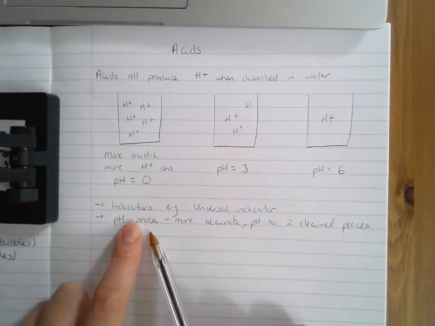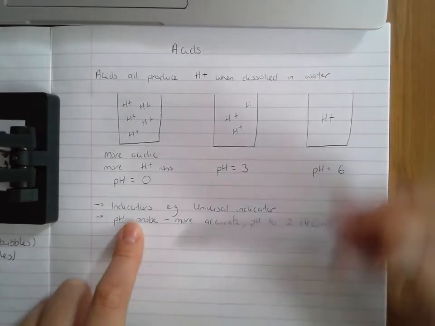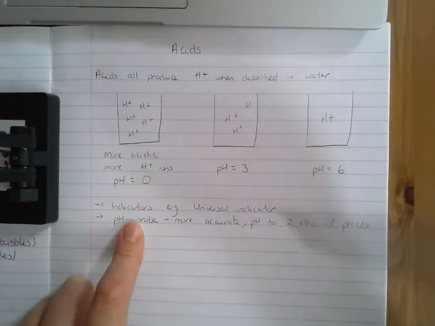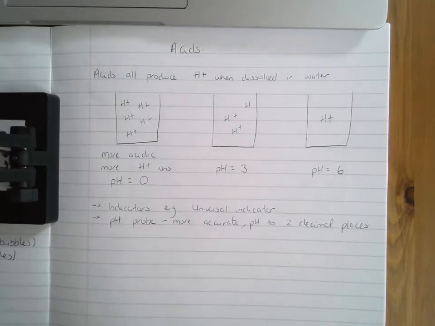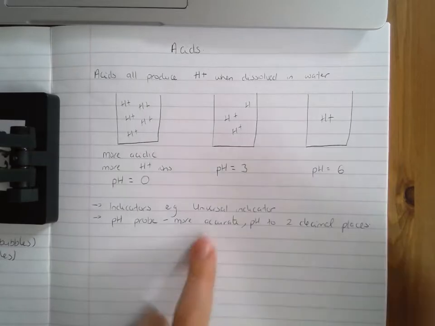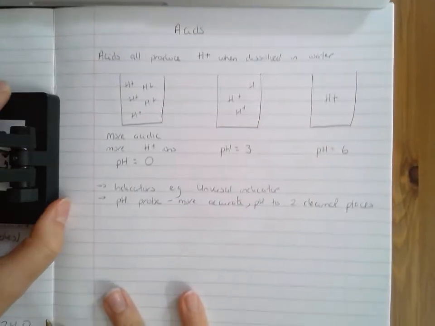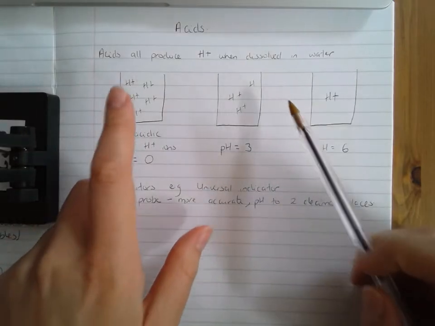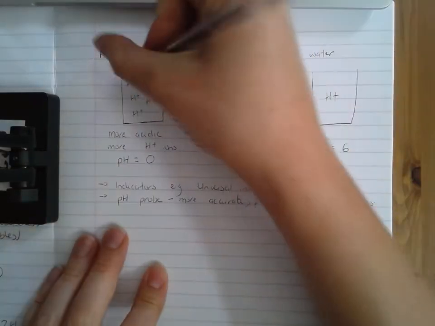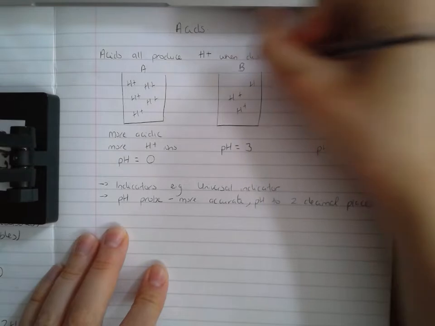On the other hand, the pH probe, a little electronic device, is slotted into your beaker and you'll get a digital reading, accurate to within 1 or 2 decimal places. So this is a much more accurate reading of pH. You can see that obviously there's a different pH on my acids A, B, and C.